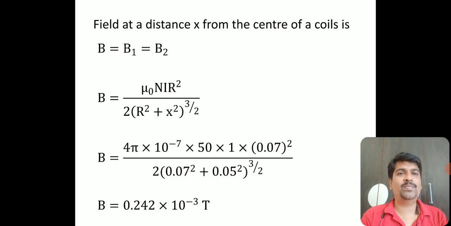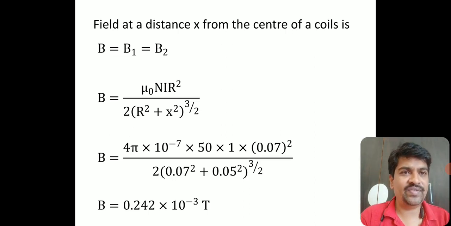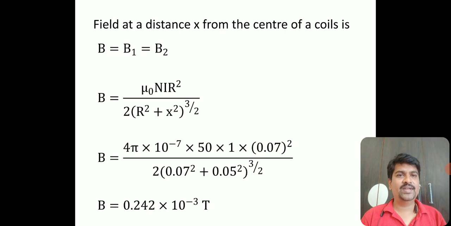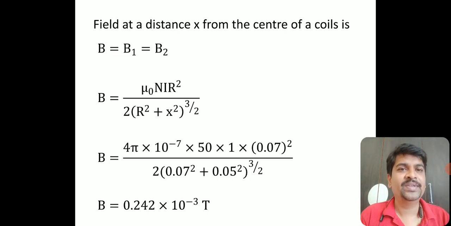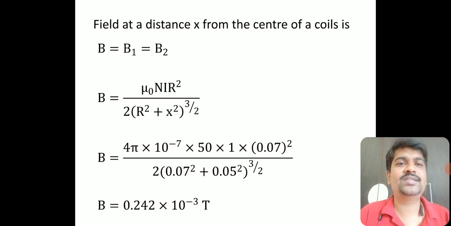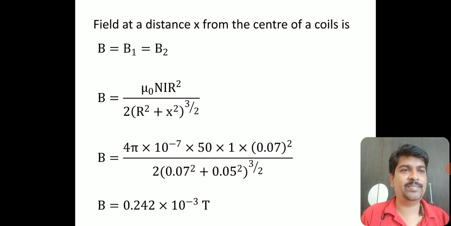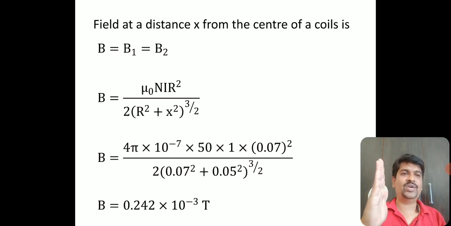R square is 0.07 square plus x square is 0.05 square, whole to the power of 3 by 2. This is a little complex in the calculation. You use the calculator and do it. You will get an answer as 0.242 into 10 to the power of minus 3 Tesla. So this is the magnetic field from one coil.